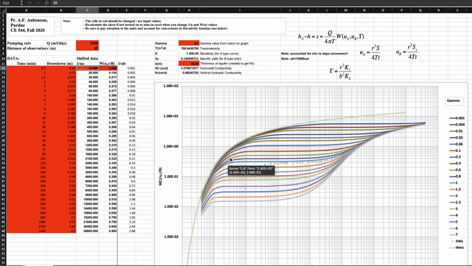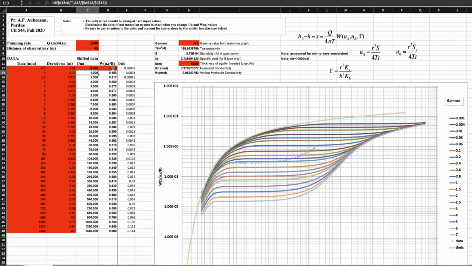We want to fit it first to the type A curve, so on the left hand side of the graph. So if I go to here, let's say 1, that's still too much, do 0.5, that seems about right, and now we probably want to shift it up and down a little.